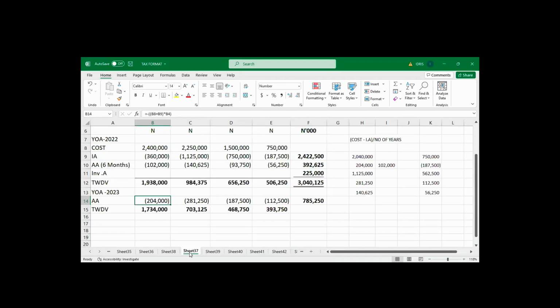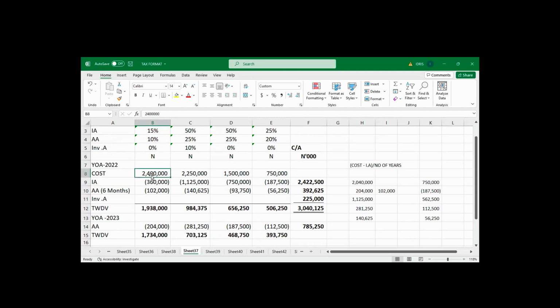So if you want to get the annual allowance for 2023 year of assessment, you go back to 2022. You said cost minus what? Cost minus initial allowance. 2,040,000 is the cost for building. The initial allowance for building was 360.